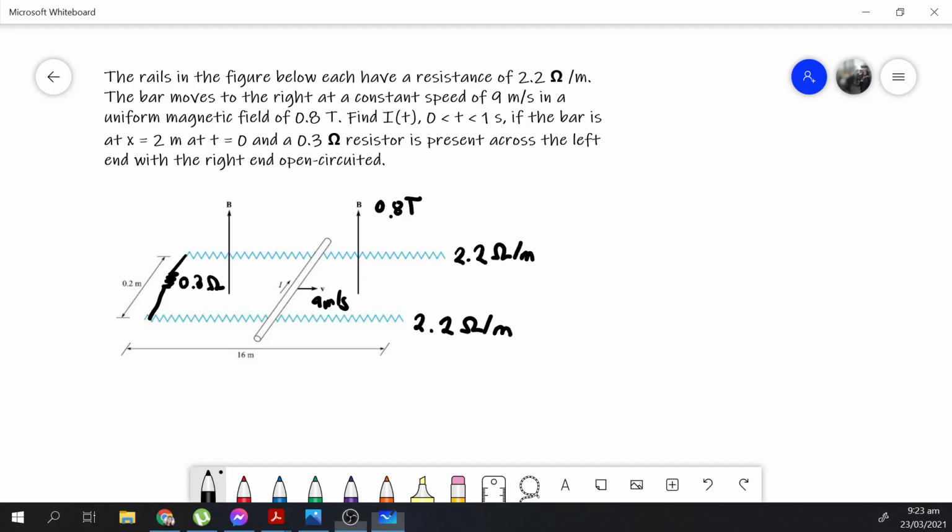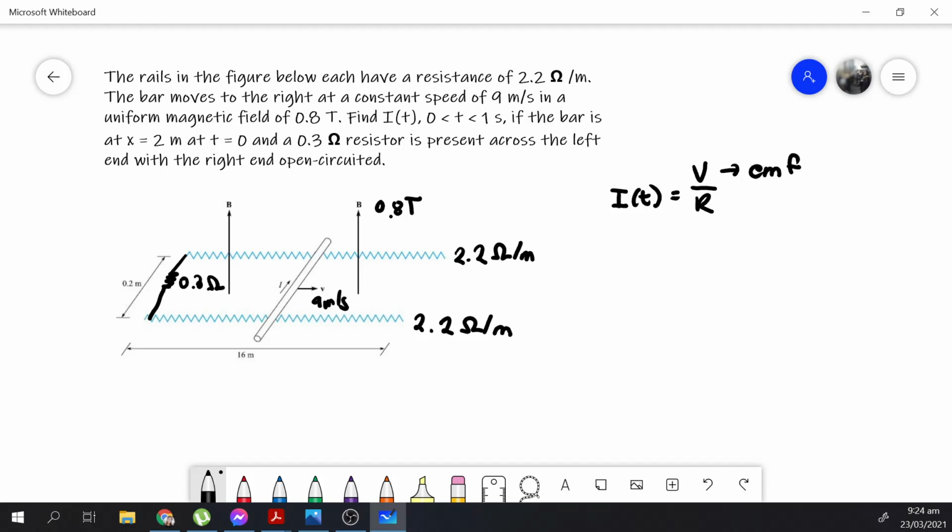So in order to solve this problem, we need to apply the concepts of Faraday's law. In order to find the value of I of t, we know that I of t based from Ohm's law is equivalent to the voltage divided by the resistance. So we need to find the voltage, which is also your EMF, and we also need to find the function of our resistance.